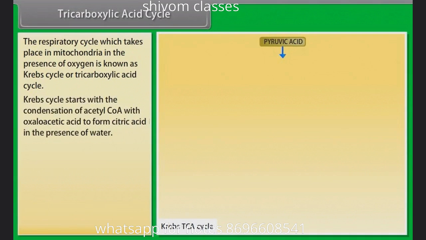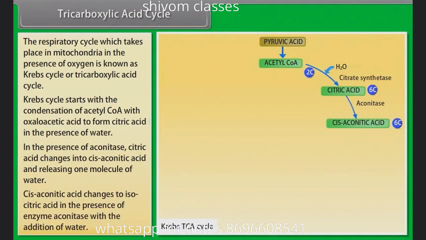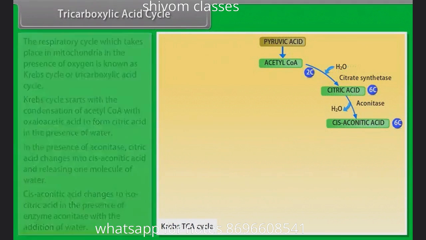Krebs cycle starts with the condensation of acetyl CoA with oxaloacetic acid to form citric acid in the presence of water. In the presence of aconitase, citric acid changes into cis-aconitic acid and releases one molecule of water. Cis-aconitic acid changes to isocitric acid in the presence of enzyme aconitase with the addition of water.